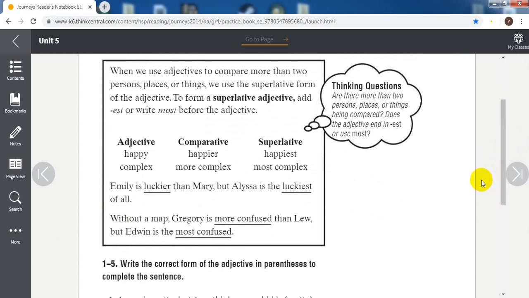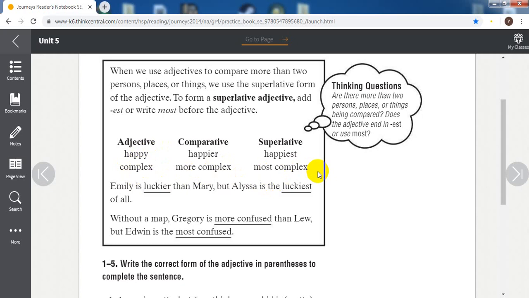So here are some examples. We have the adjective here is happy. The comparative adjective is happier, and the superlative adjective is happiest, right? Or over here, complex. Comparative is going to be more complex, and superlative is going to be the most complex, right? Okay.